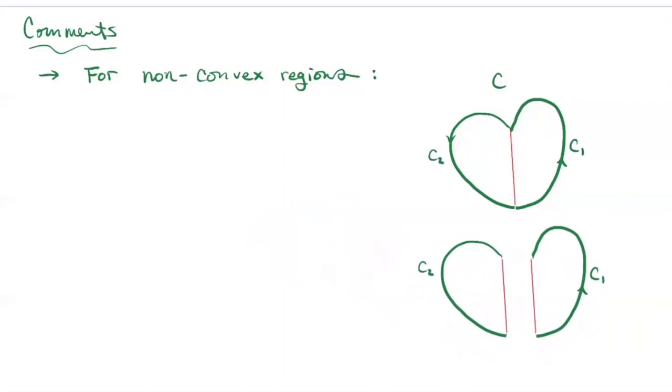Okay, so we're going to preserve the orientations, where on C2 it goes down and on C1 it goes up. I'm going to use P here and P on the other side too.